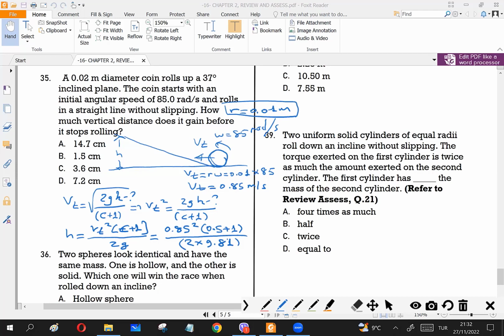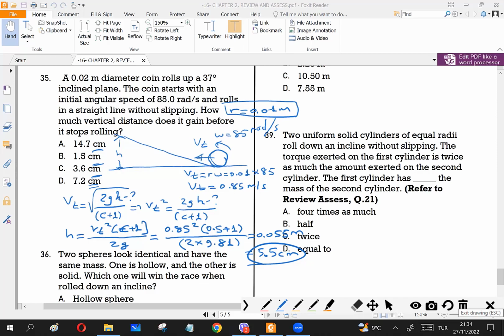But calculated, how much? 0.85 squared, in bracket 1.5, divided by 2 times 9.81. It is 0.055 meter, but choices are given in centimeter. If you multiply this by 100, we will get 5.5. I think I sent this to you to change to 5.5 in your group.